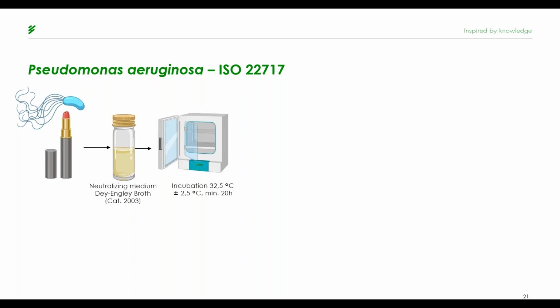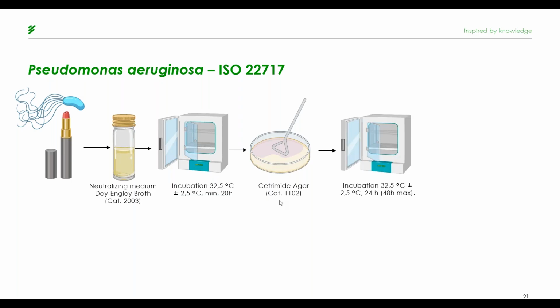And then we incubate the same initial suspension for a minimum of 20 hours at 32.5 degrees Celsius. Then we inoculate a plate of Cetrimide agar, and we incubate this plate at 32.5 degrees Celsius again, now for a period of 24 hours minimum.